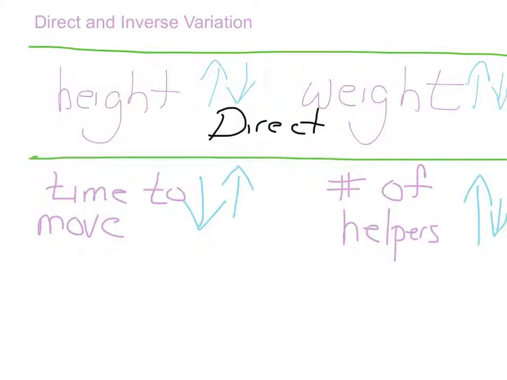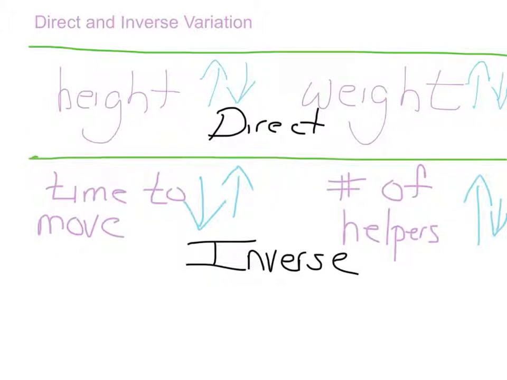Whereas in this example, the quantity, time to move, decreased as the number of people that came to help increased. So up here we have increasing quantity, increasing quantity. Down here we have decreasing quantity, increasing quantity, such that if one of these quantities goes up, the other is going to go down. This is an example of inverse variation.